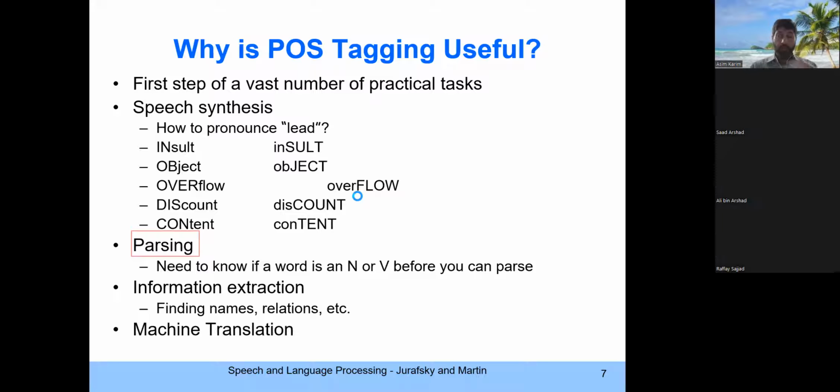For example, usually we parse sentences at the verb level, so you need to know where the verb is. You have the subject, which is usually a noun, and then you have the object, which is usually a noun, and there's a verb between them. So this is one very simple form of parsing for which POS tagging is used. You need to identify the verb and you parse the sentence around it. Similarly, you can think of conjunctions. You can separate the two parts of a sentence if you know the conjunctions.